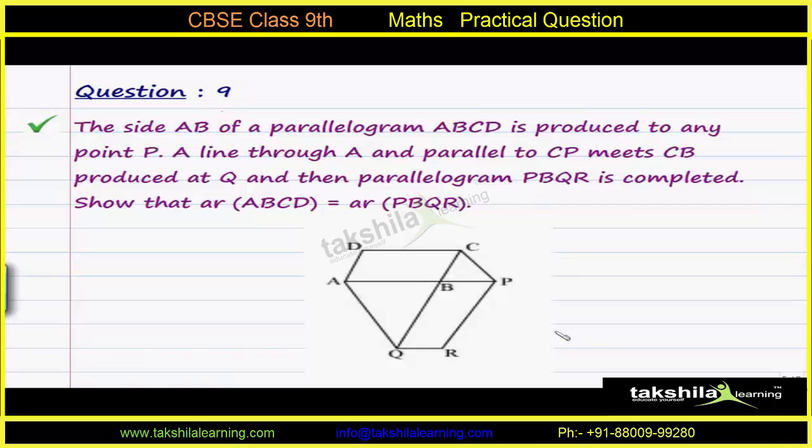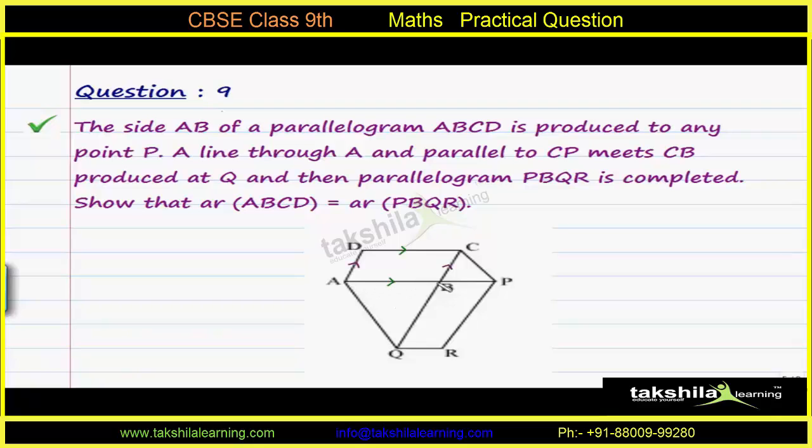So let us do question number 9. In question number 9, it is given that side AB of a parallelogram ABCD is produced to any point P. So it is given in the question that ABCD is a parallelogram. That means side AB is parallel to DC and AD is parallel to BC.